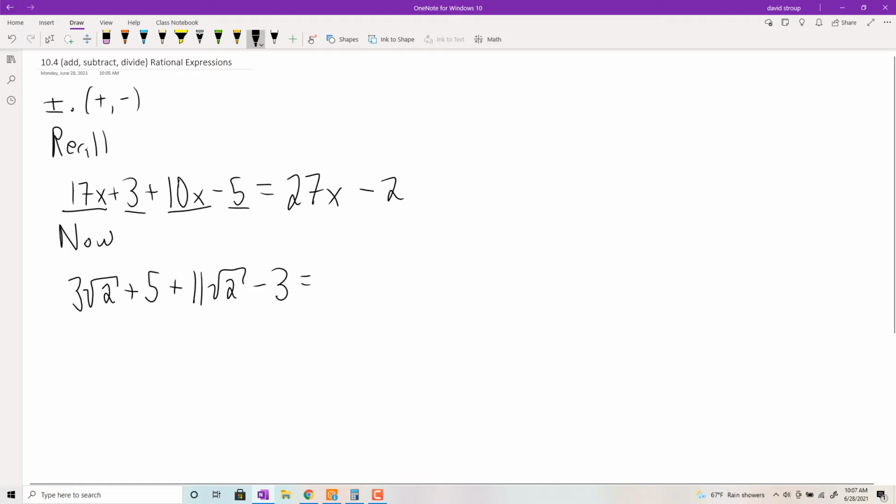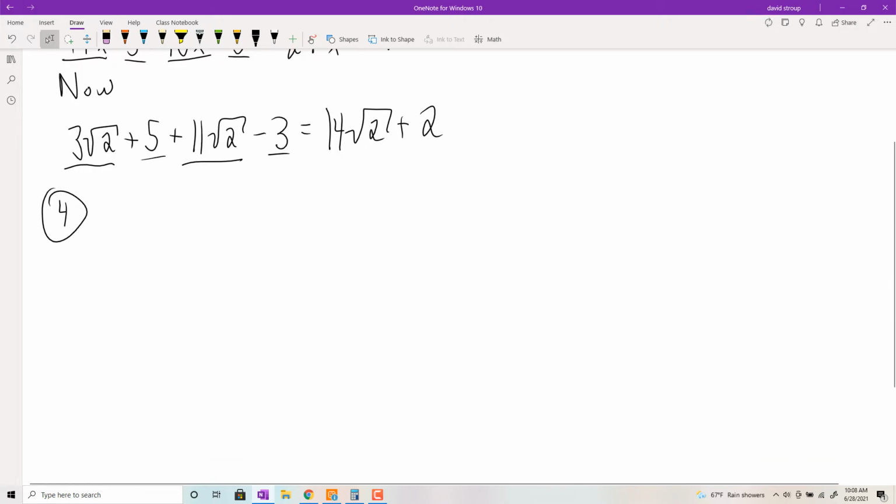So you can combine these two together, and the way you do it is you treat root 2 like a variable. So it's going to be 3 root 2's plus 11 root 2's equals 14 root 2's. And then, of course, you could just combine 5 and 3. That'll give you 2. And that's it. I mean, literally, that's it. So let's dive right in. We can go right to some exercises already and start looking.